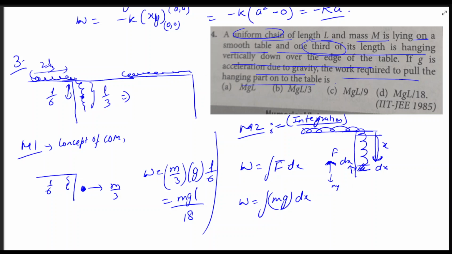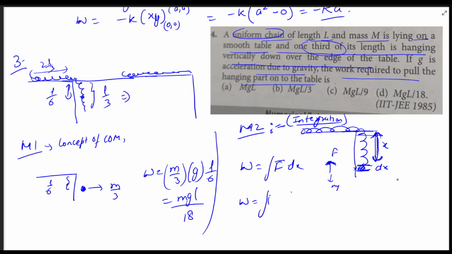Now look, understand this point. I'm not taking it as a dx length. Let me write the net work I have to do on this dx particle. This dx particle I have to take by a distance x. So what will be the work done?